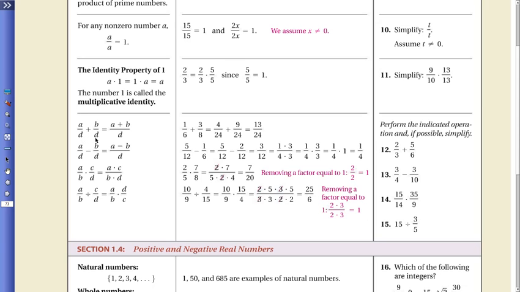Now addition: if you have exactly the same denominator, which you need before you can add the numerators. Think about this with pizza. If I have 3 out of 6 pieces and 2 out of 6 pieces, and they're the same size pieces of pizza, I would end up with 2 plus 3, or 5/6.